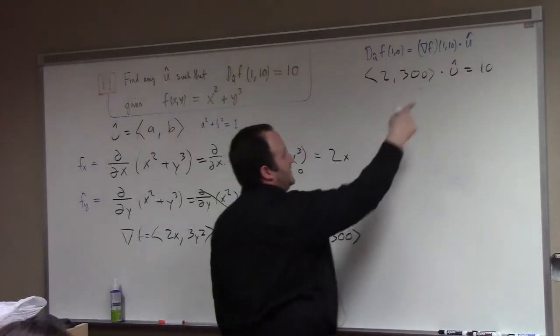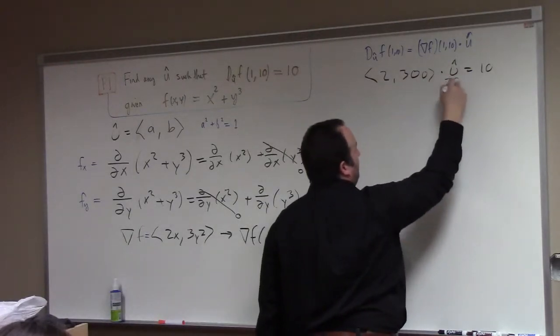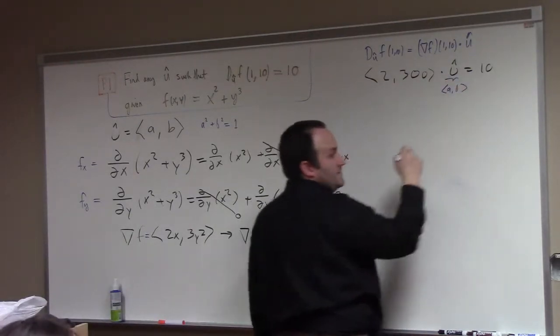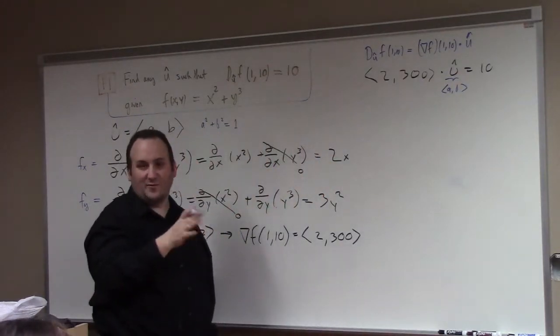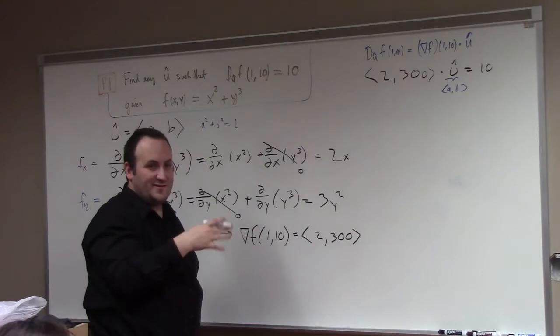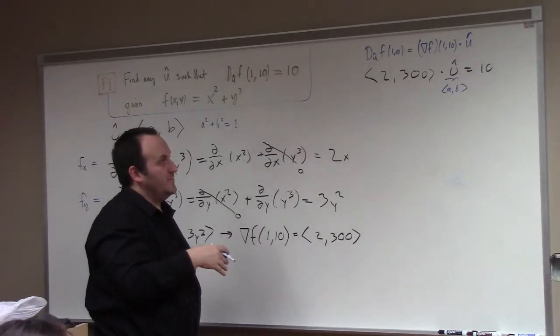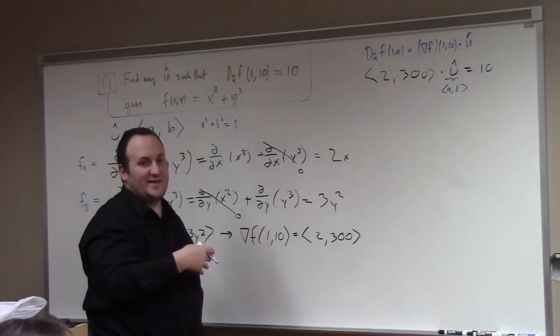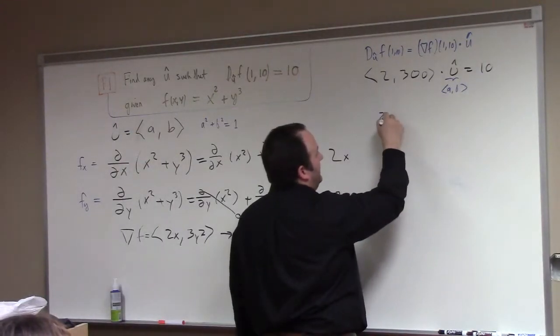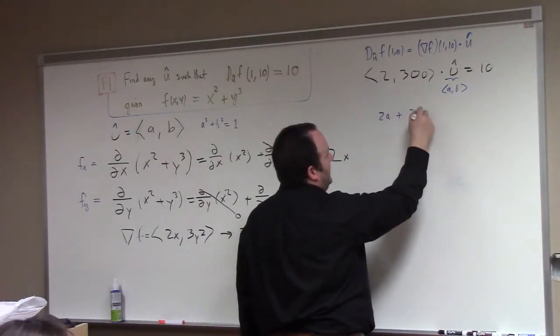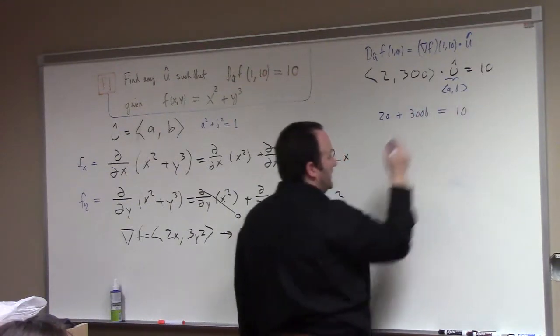And of course, this u-hat is really (a, b). I'm sure if I'd given you 30 more seconds, you would have gotten to the equation I'm about to write down, which is 2a plus 300b equals 10, right?